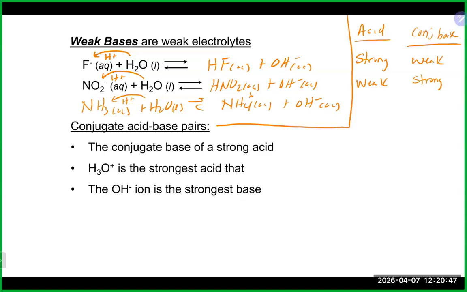If you have a conjugate base that came from a weak acid, that conjugate base will be relatively strong in the sense that it will actually continue to react with the water that's floating around with it. So it is strong in that sense. It is not as strong as like a strong base or anything like that, but it's strong in the sense that it's able to continue on. And this guy is able to continue on and react with water and have an effect on the pH of the overall solution.